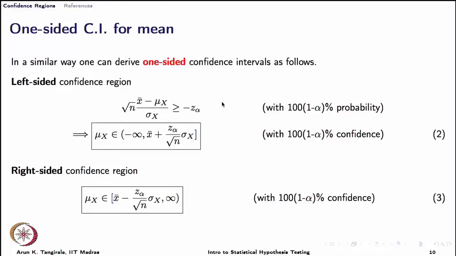So, we know in a lower tail test, the probability that z is greater than or equal to minus z alpha is 100 times (1 minus alpha) %. Remember, alpha is the probability of the observed statistic falling within the rejection region, and the rejection region is z less than or equal to minus z alpha.